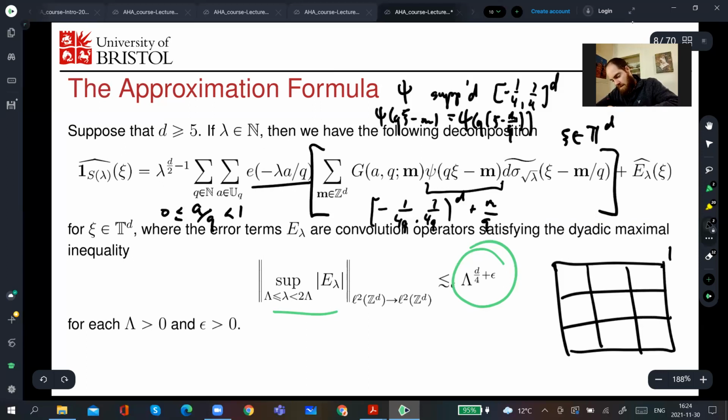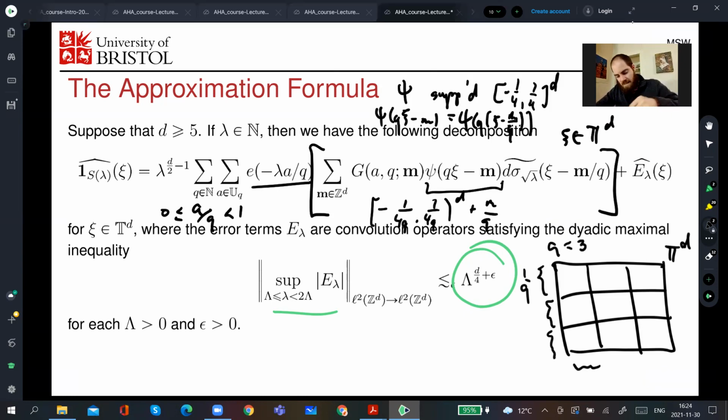Say Q is equal to 3 here. So this is of length 1 over Q, as are each of these boxes in each direction. And this right here localizes me to some small box in the center of it.